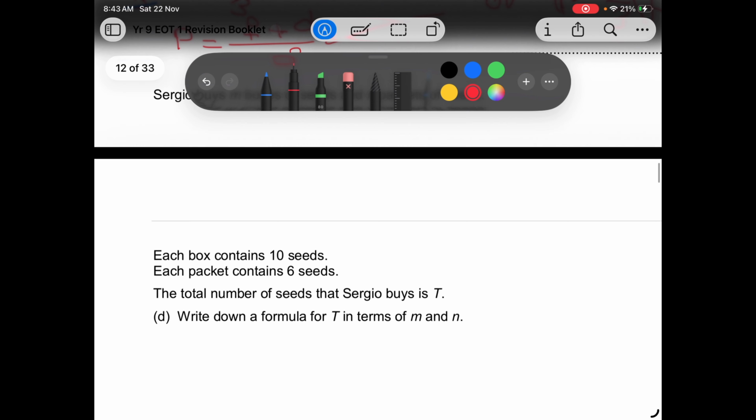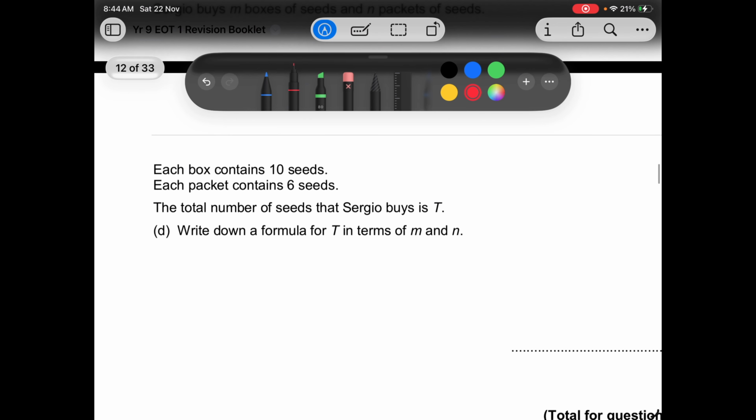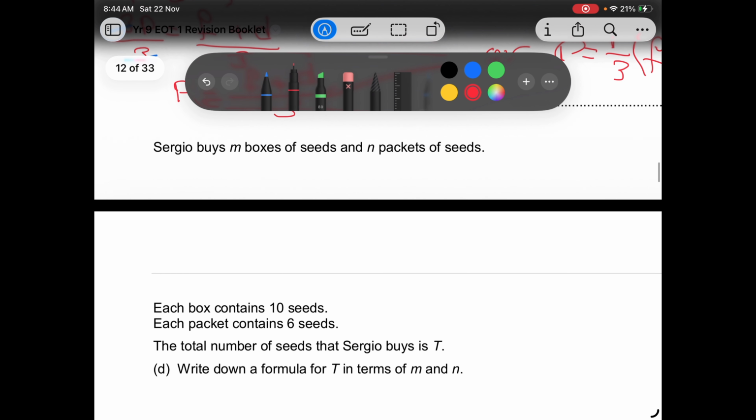Here write down a formula for T in terms of M and N. So here guys, I will try to summarize this problem. We have boxes, and the number of boxes is M. So we have M boxes, and each box contains 10 seeds.